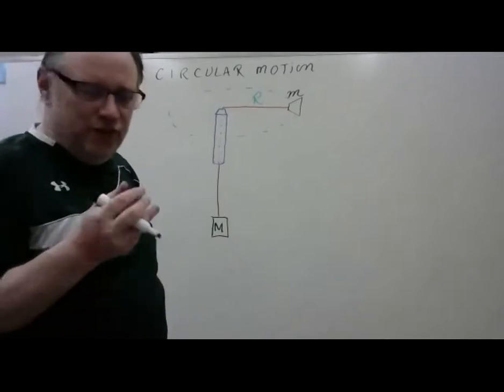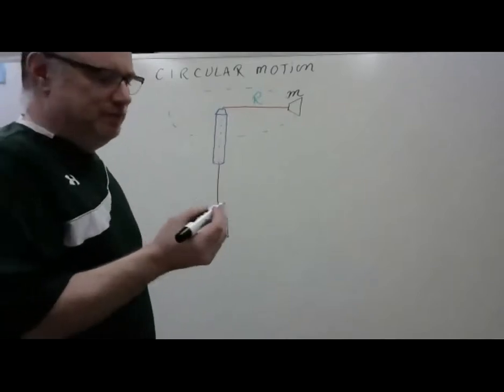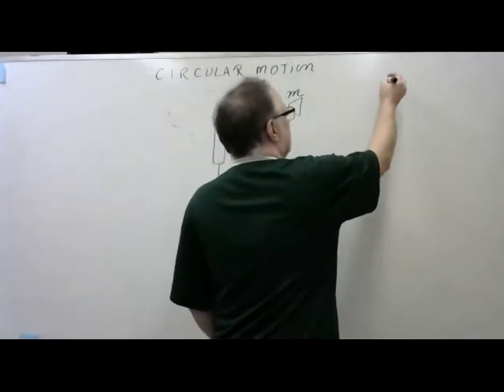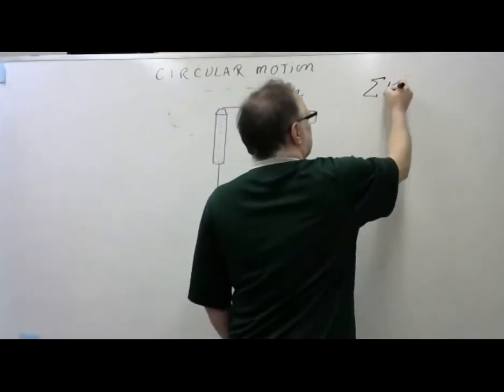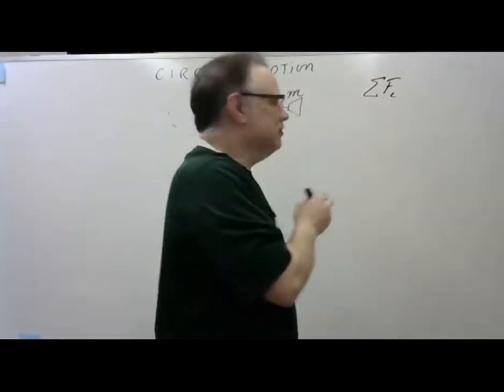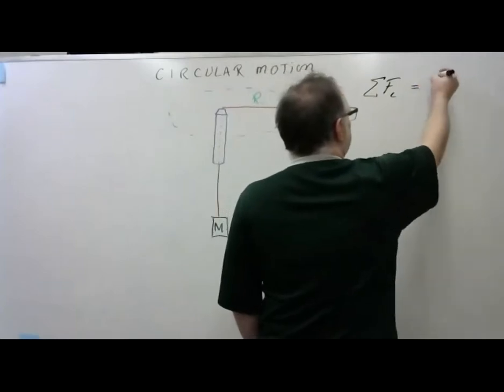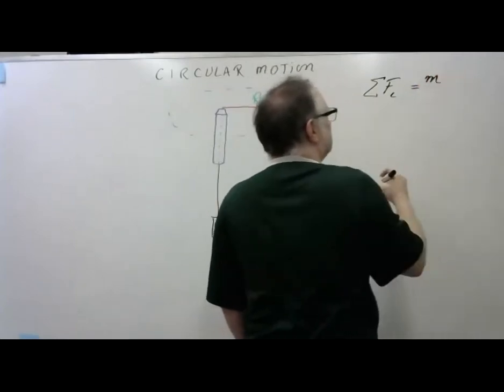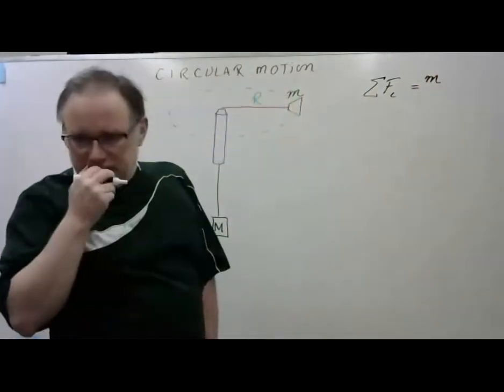Okay, so now to review a little bit of the theory for this. If you recall for circular motion, the sum of the forces toward the center of motion for an object must be equal to the mass of that object, in this case our cork, multiplied by the centripetal acceleration.